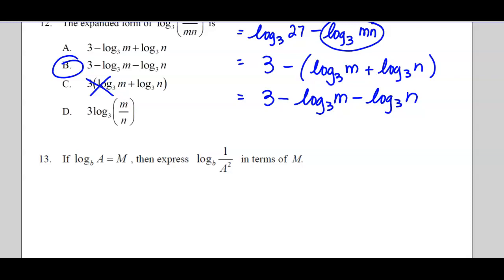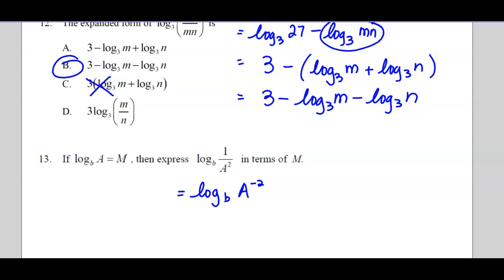So there's a few ways of doing it. Maybe I show this with a negative exponent. 1 over a squared is the same as a to the negative 2.